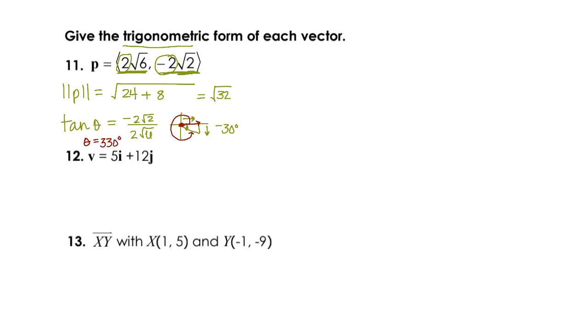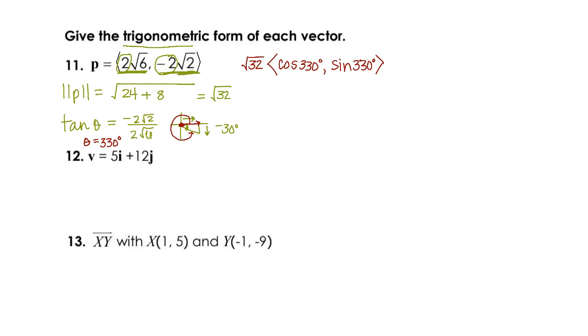And that's just like the previous problems. So now we're ready to go ahead and write our trig form. Our magnitude was the square root of 32 times, and then I'm going to have cosine of 330 degrees, and then sine of 330 degrees. And you're welcome to leave it just like that if you want.